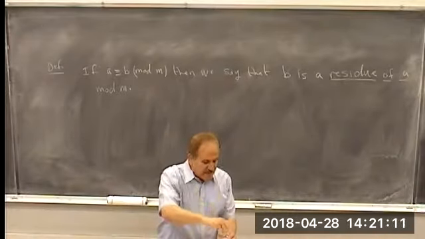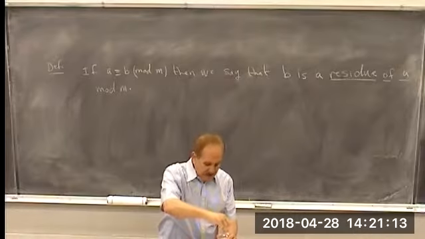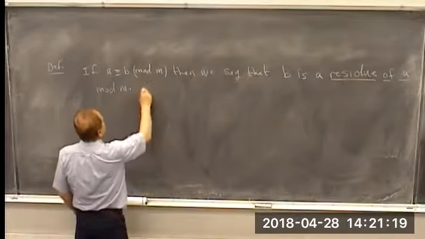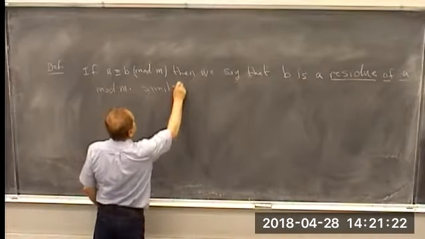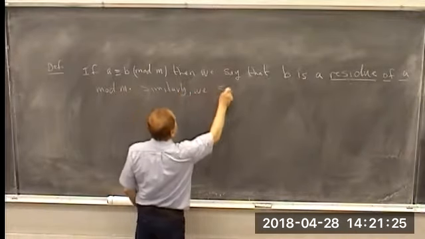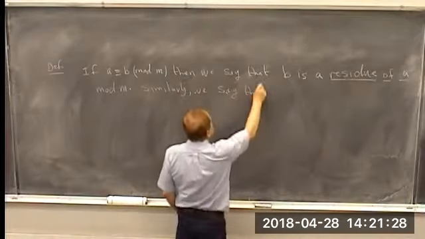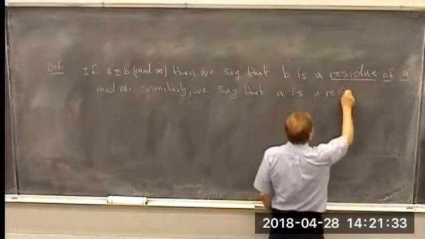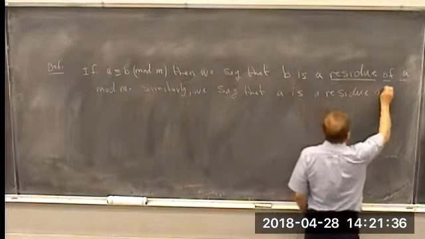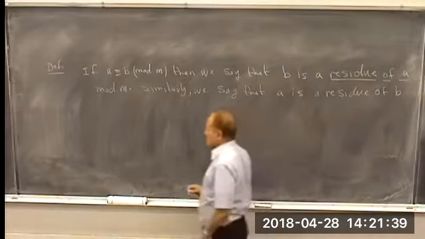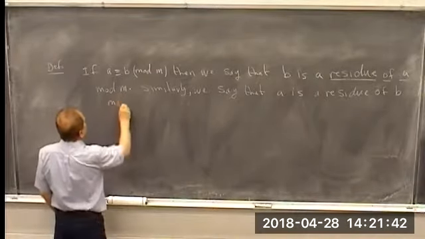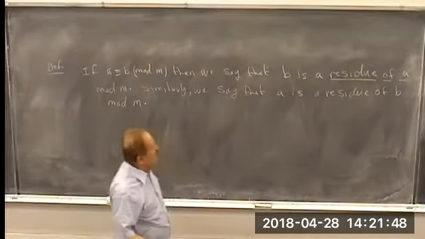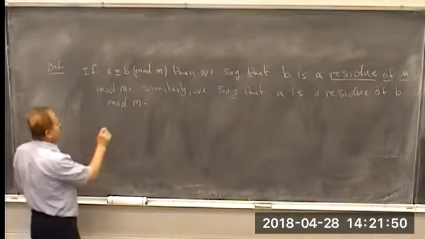Moreover, since this relation is symmetric, we can say similarly that A is a residue of B mod M. All right, now let's define the following subset.